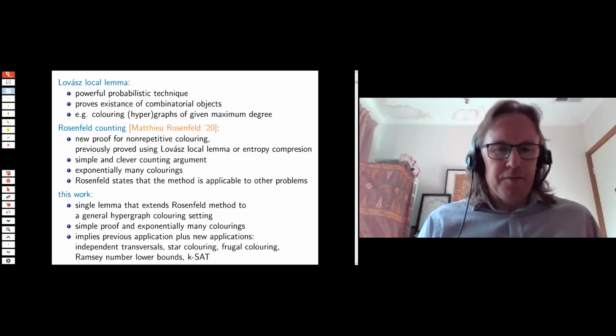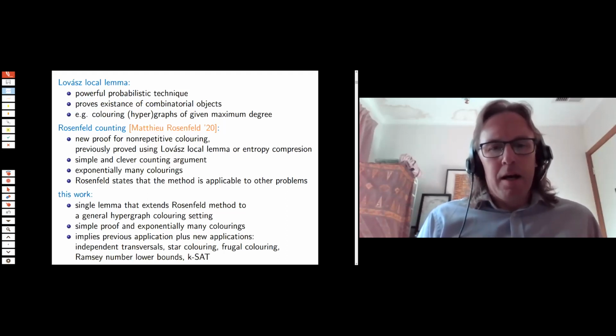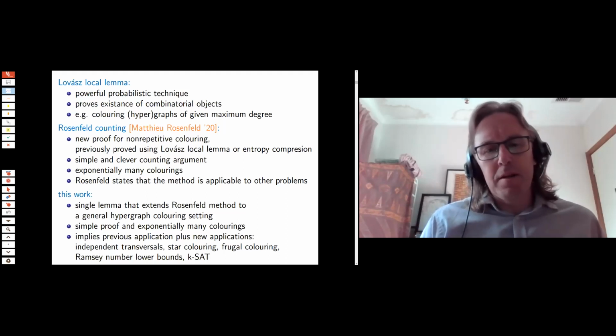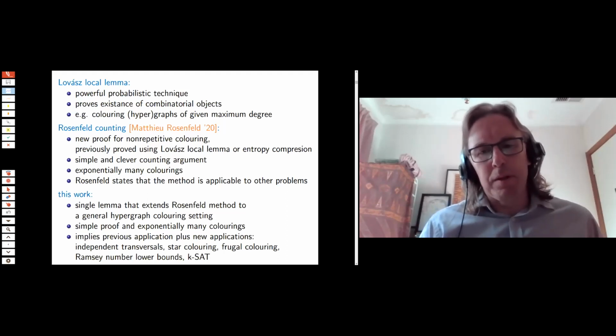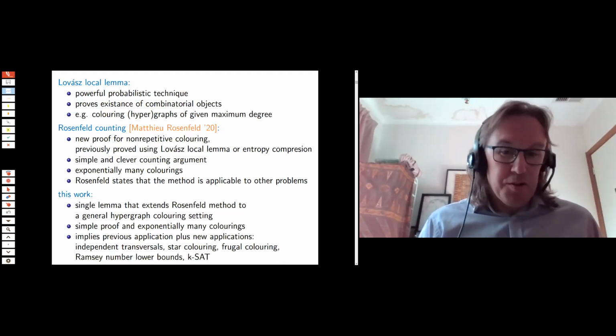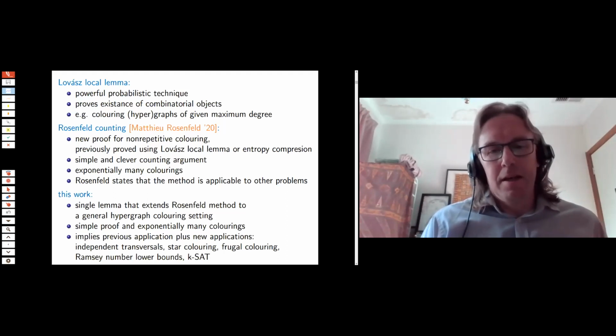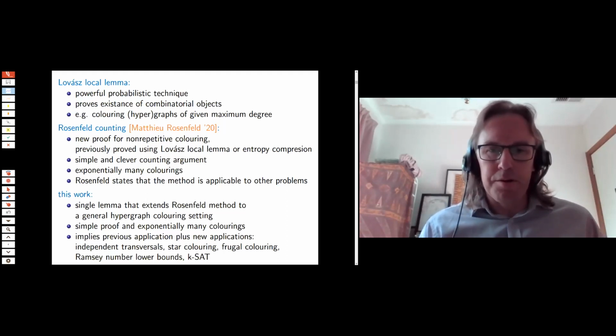It still has the advantage that it gives exponentially many colorings, and it picks up the previous application, but it also picks up a lot of other applications. You can do things like independent transversal, star coloring, frugal coloring, Ramsey number lower bounds, k-SAT, and other things I imagine as well, using this single lemma that we call Rosenfeld counting.